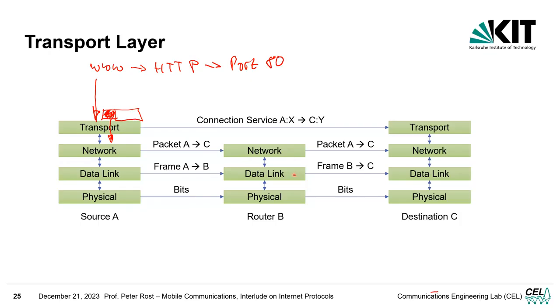It builds again a new frame with the destination MAC address of C, provides it to C, then it goes up, and eventually the transport layer will see that it's intended for port 80, and this data will then properly be provided to HTTP in order to process this HTTP request.